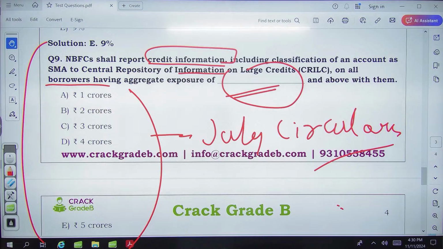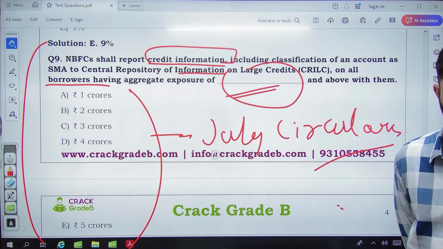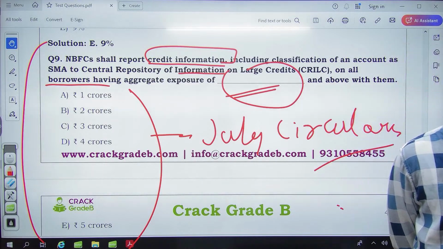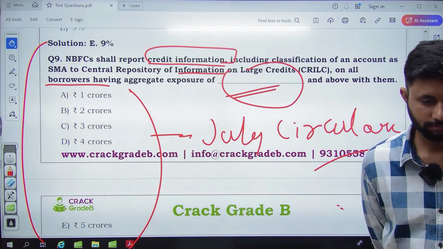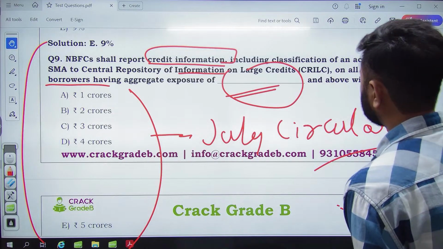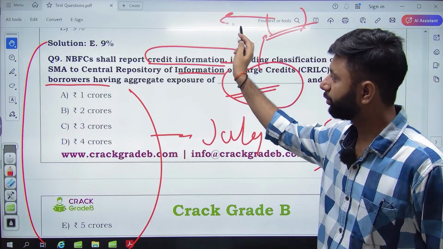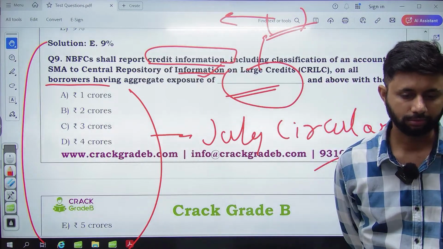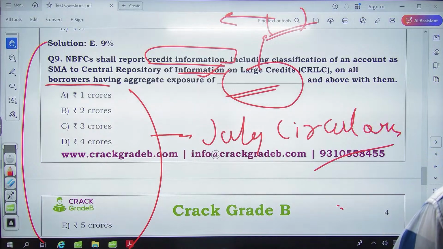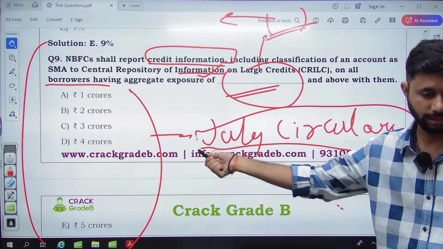Or at least take a guess. यहाँ पर अपने एजुकेटेड गेस की वैलिडिटी चेक कर लीजिए आप लोग. What is the exposure threshold beyond which it necessarily have to report it to CRILC? What do you think is the correct answer for this? Anyways, a simple question that was also there in your July circulars as well.